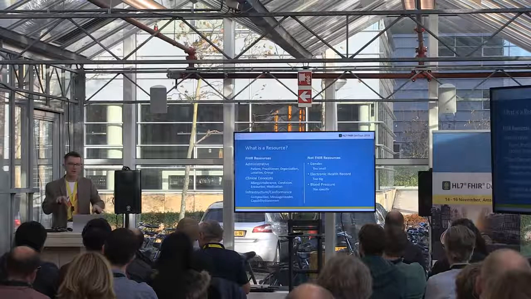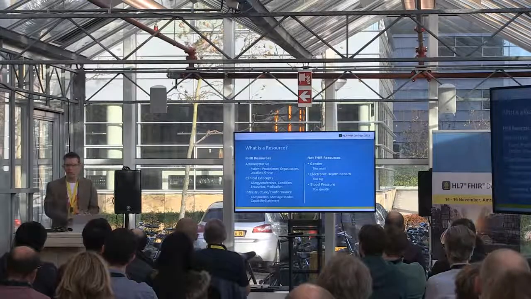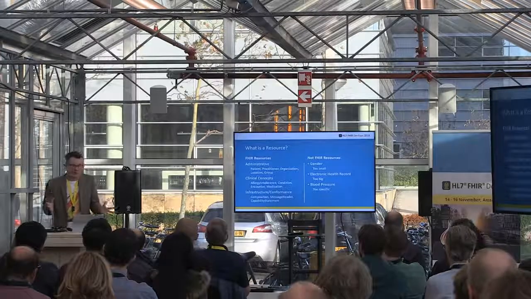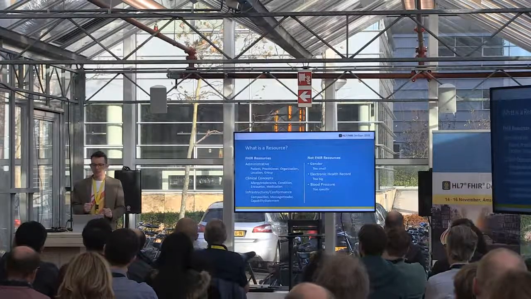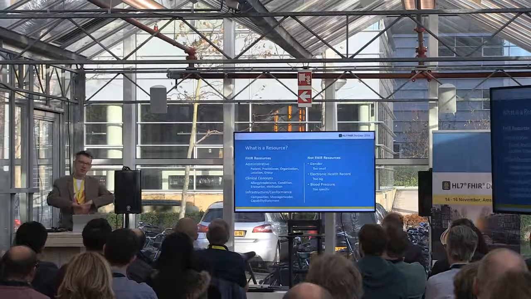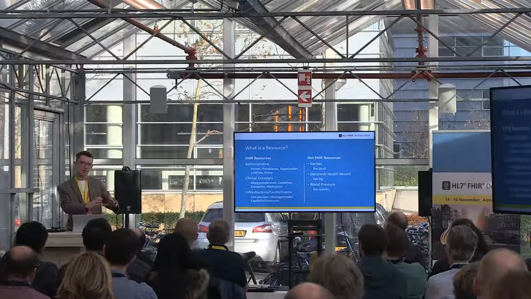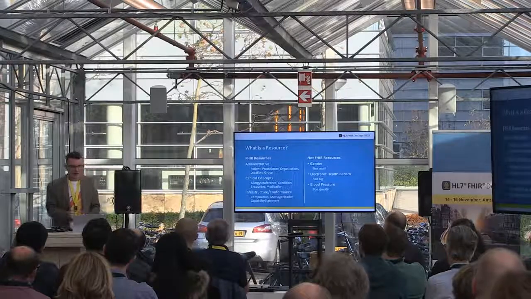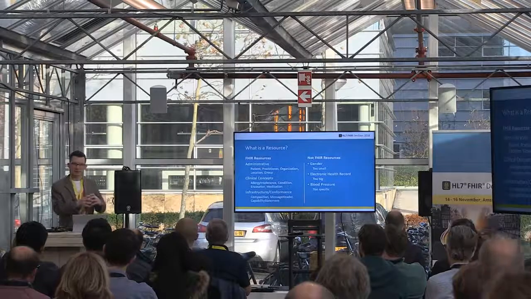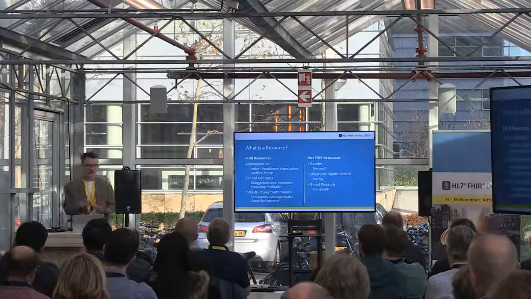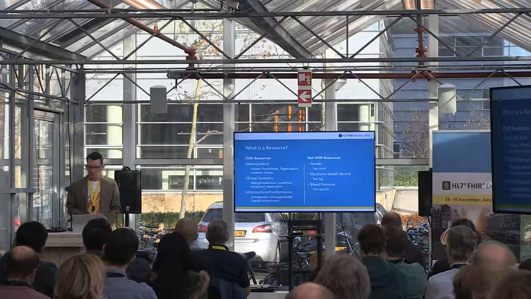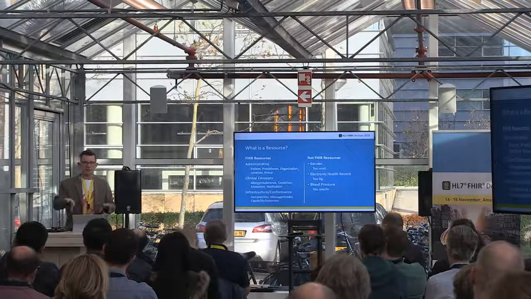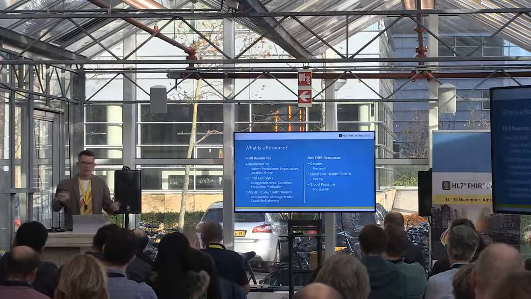So FHIR doesn't create a resource for every SNOMED code or every RxNorm code or whichever system you use in your countries. FHIR works with the terminologies as usual. So you have an observation resource, you plug in a LOINC code or a SNOMED code, and then the combination makes a blood pressure resource with 2 values and so on. So FHIR doesn't have resources for every medical concept. It uses terminology, and other people build those for us.